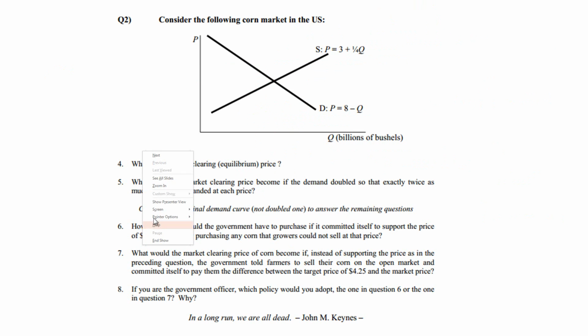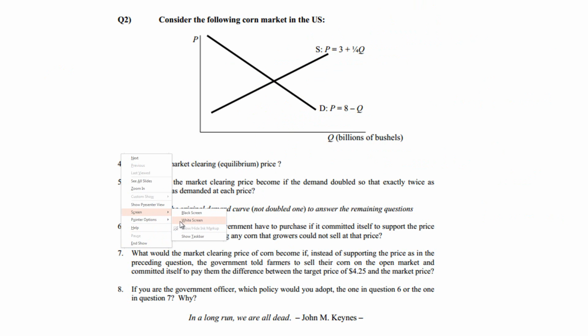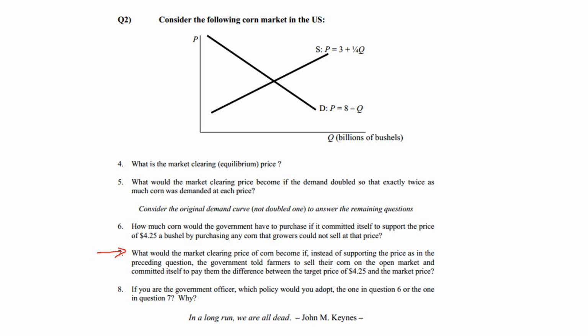Let's do the other one now. Let's take a look at question 7. So again, the government wants to support that 4.25. So let's just draw this out again. We know the equilibrium in the unfettered free market. It's 4 and 4.